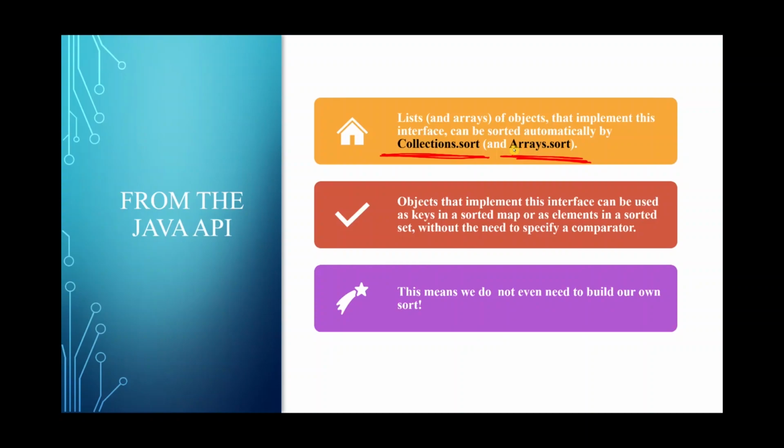So lists and arrays of objects that implement the Comparable interface can be sorted automatically by using Collections.sort. Objects that implement this interface can also be used as keys in a sorted map. Keys, not values. We have one lecture called the hash map lecture, where we explain hash maps. Then you'll get to know what is key and what is value.